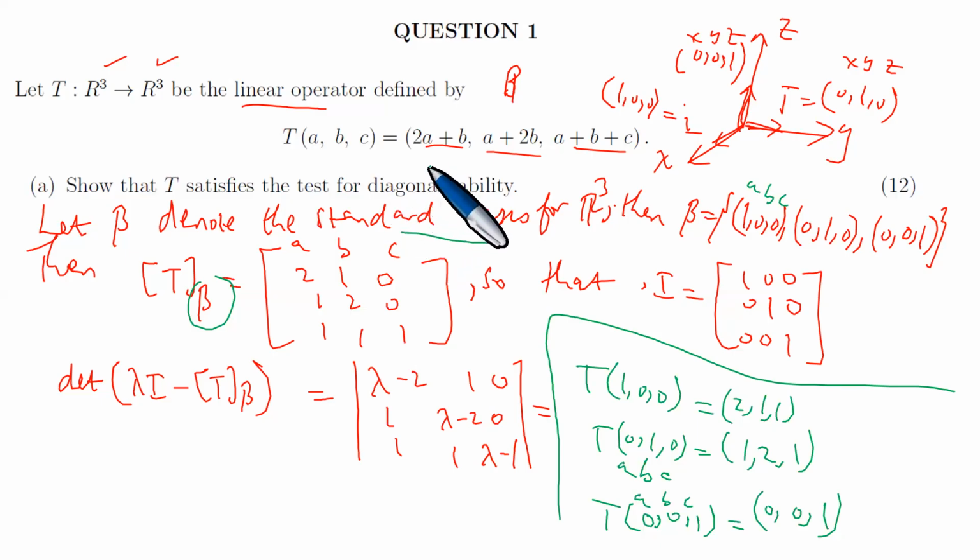Another way to look at it is to look at these T, A, B, C. You can write these as column vectors. You can write it as 2A plus B, and then the second one, you can write as a column vector like this.